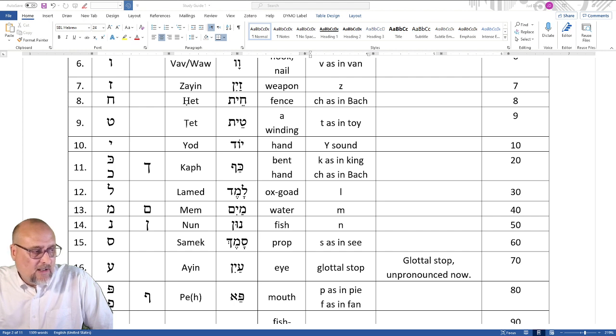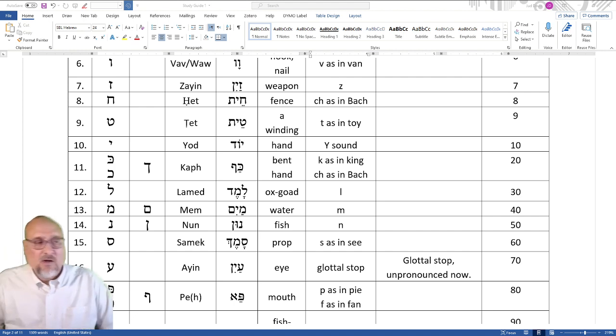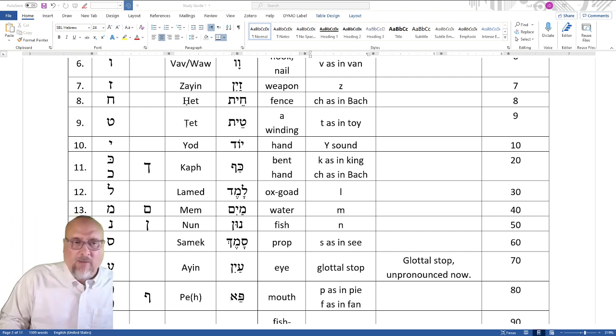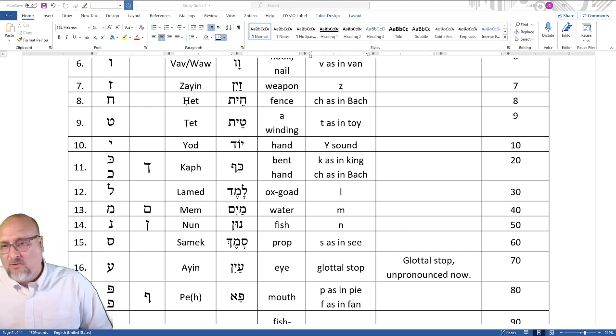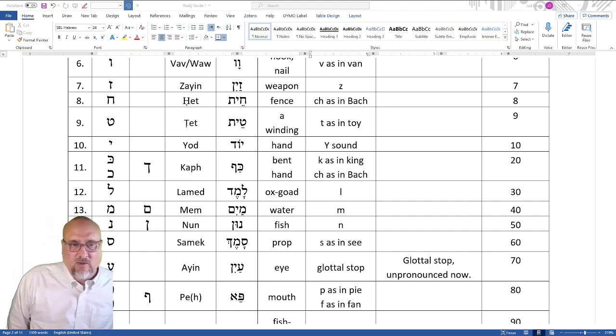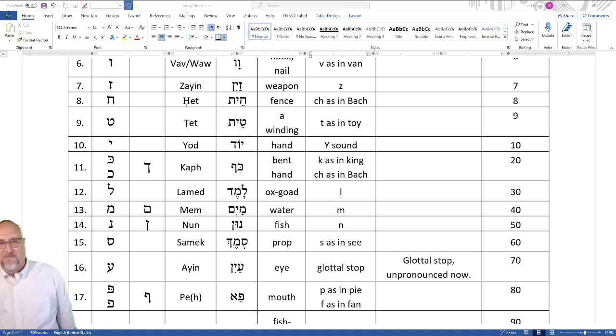Noon, and if it's the last letter, the tail goes below the line. And then Samik. So Aleph, Bet, Gimel, Dalet, Hey, Vav, Zayin, Het, Tet, Yod, Kop, Lamed, Mem, Noon, Samik. So that's 15. Anybody want to try the 15 without looking?